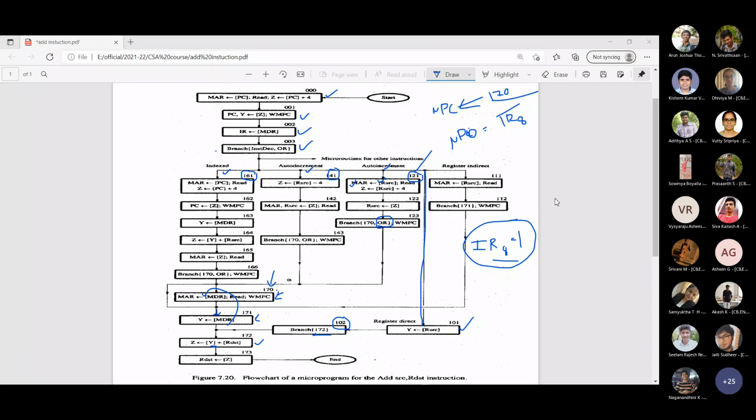I don't understand. Any responsible person in this class, can you just speak up?